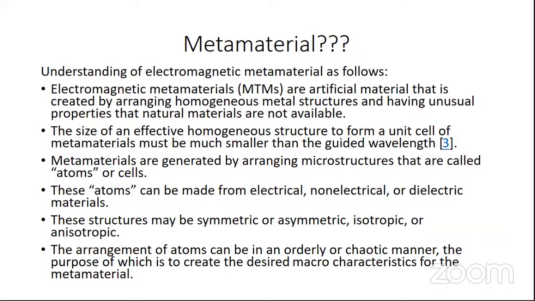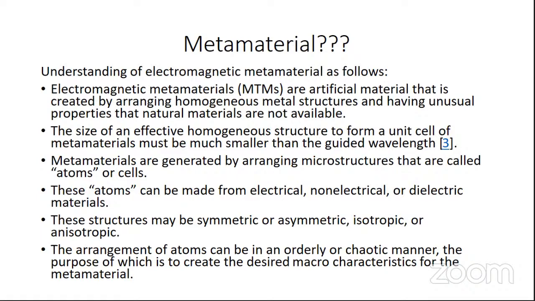That means a metamaterial is a very large structure, but the size of its unit cell is much smaller than the guided wavelength. In another definition, metamaterials are generated by arranging microstructures called atoms or cells. These atoms can be made from electrical or non-electrical or dielectric materials.